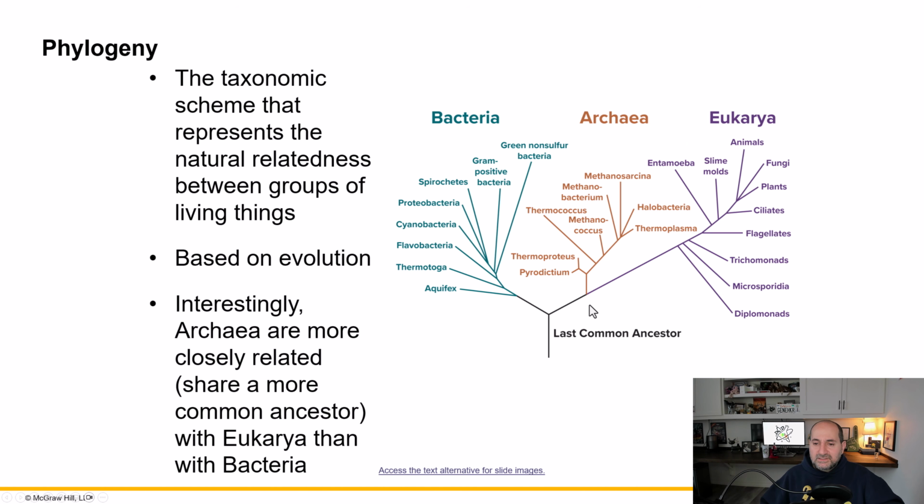Do you know what this means? Because of this right here, what I'm circling, archaea and eukarya are known to share a more common ancestor than they do with bacteria, so archaea and eukarya are technically more closely related to one another than either is to bacteria.